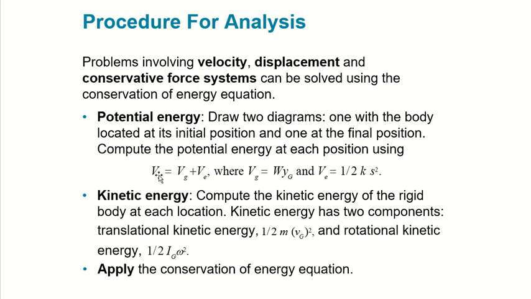For potential energy, you have your g, and then the subscripts show you the initial position and the final position. Each one of them you can find this way: this is your weight times change in distance, and this is your spring, 1/2 constant k times s squared.